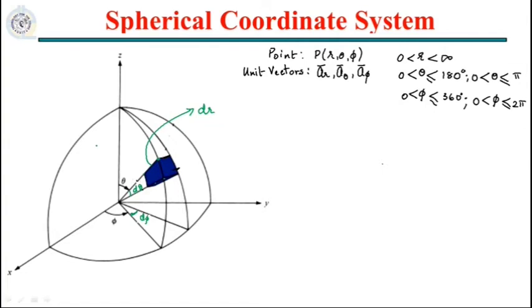Okay, so I now need to find this. Let me just change the color of my pen. So I now take this distance. So this is going to be the distance that I have to consider. Okay, what is this distance? Do I have it directly? Not directly. But I know that still this is angle d phi.